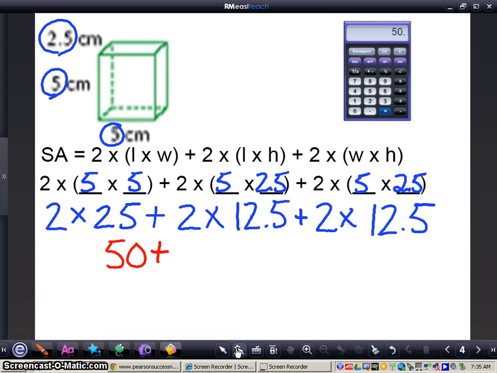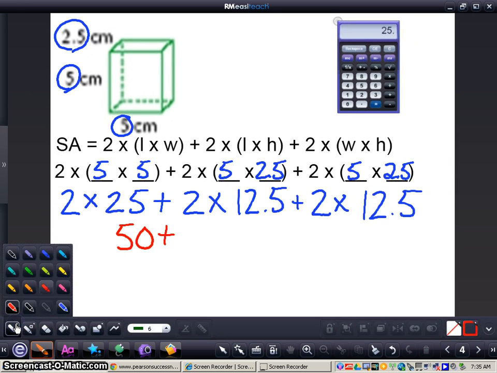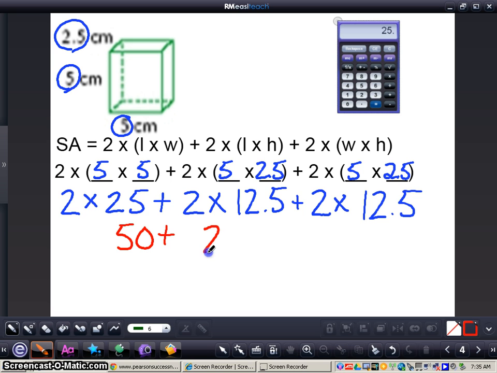We'll put that in the calculator. 2 times 12.5 is going to give me 25. So I'll write 25 right here. You can see I'm trying to keep everything right underneath the problem that I was working on above. Then 2 times 12.5, that's going to give me 25. I know that because I just did that problem.